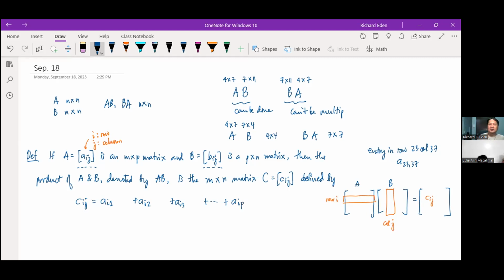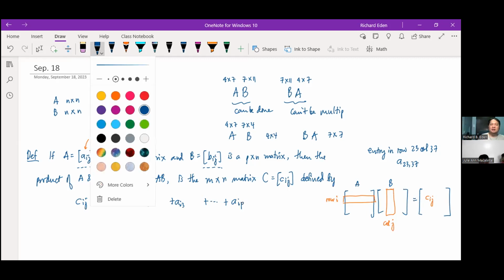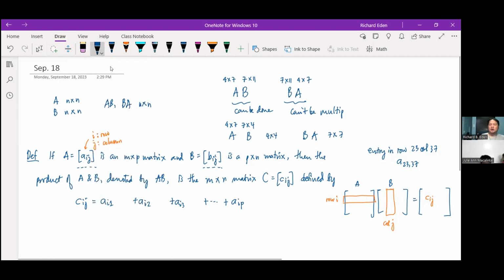On the other hand, for column J of B, we write down the entries where the second subscript is J: B sub 1J, B sub 2J, B sub 3J, and B was specified to be a P by N matrix.